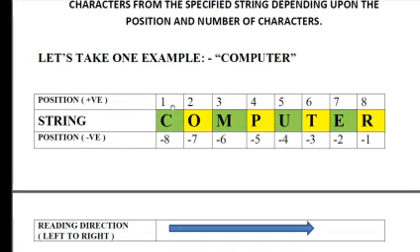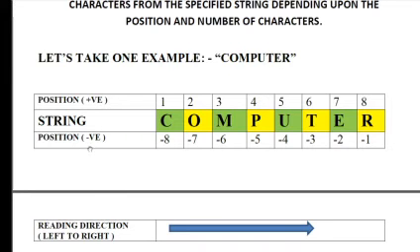The positive positioning is plus 1, 2, 3, 4, 5, 6, 7, 8. So there are 8 letters. Plus 1 or 1 indicates the letter C, 2 indicates letter O, 3 indicates M, and P is stored at position 4.